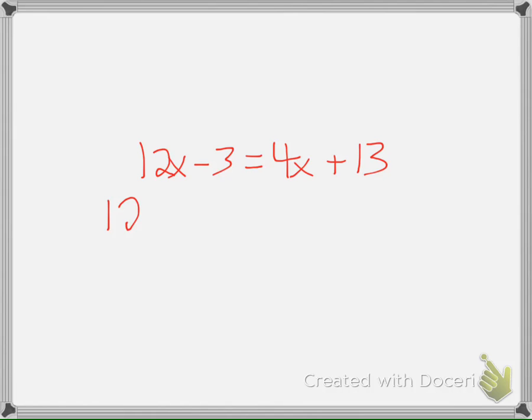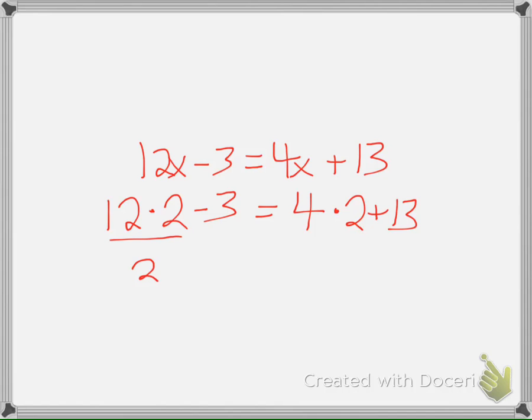So I have 12 times 2 minus 3 equals 4 times 2 plus 13. So now you've got order of operations problems on each side. On this side, the first thing I do is multiply. So 12 times 2 gives me 24. So I have 24 minus 3.